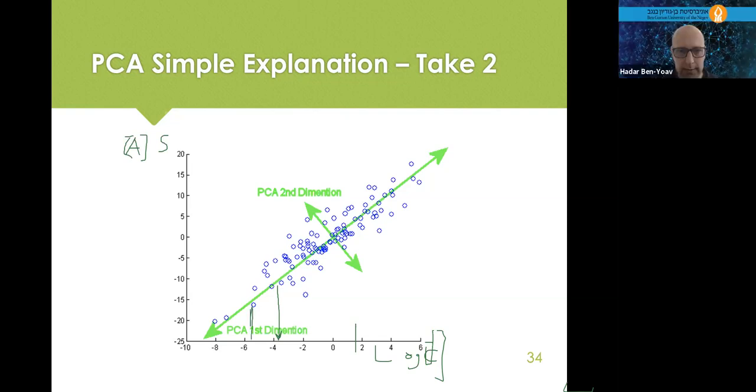So when we look at this point and this point, the variability or the distance between the two of them is going to be this kind of distance.